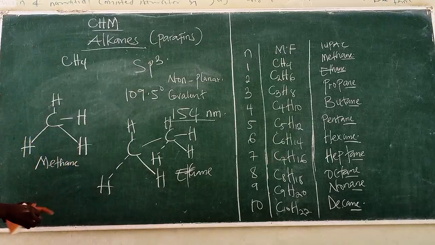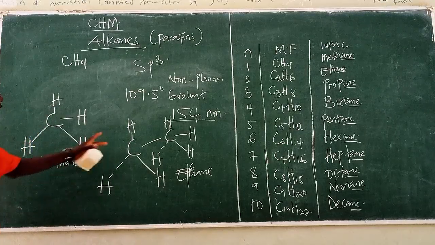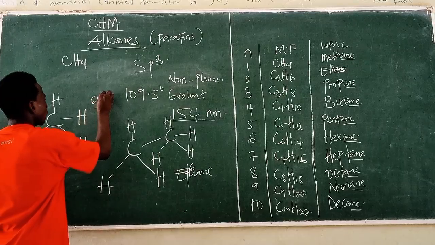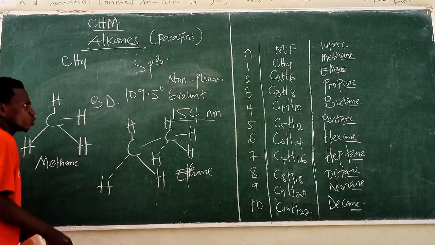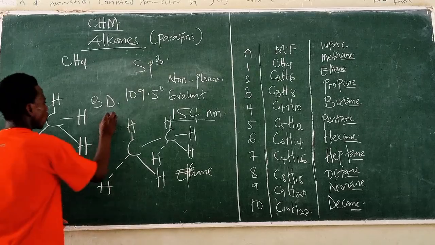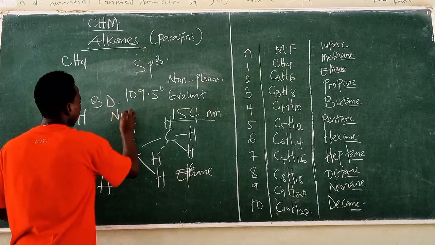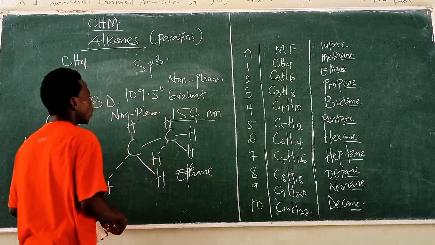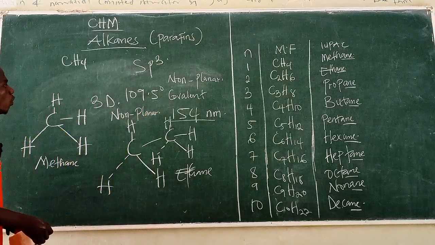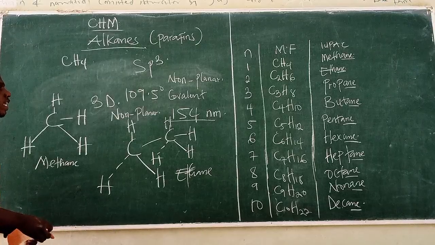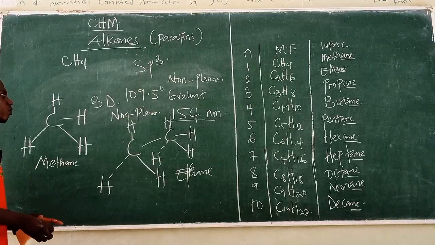Now, this is the structure of ethane. This is the 3-dimensional structure of alkanes, and this structure is non-planar at an angle of 109.5 degrees with a bond length of 154 nanometers.